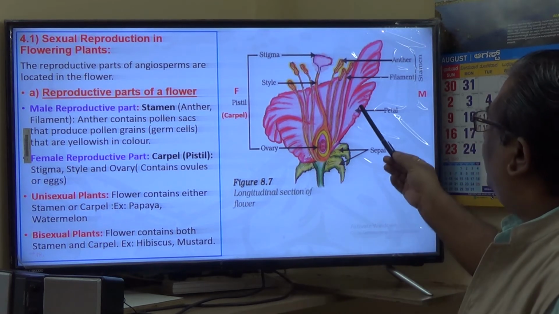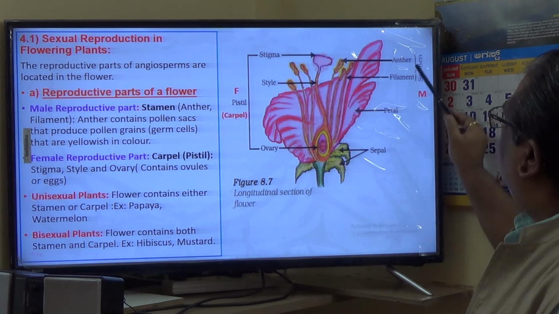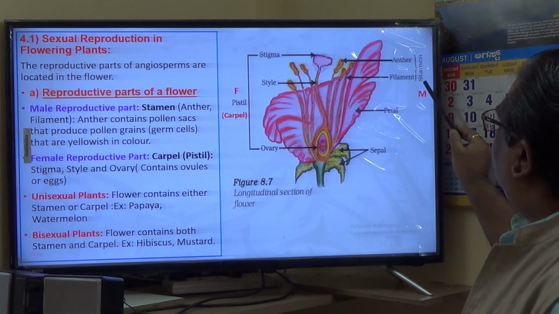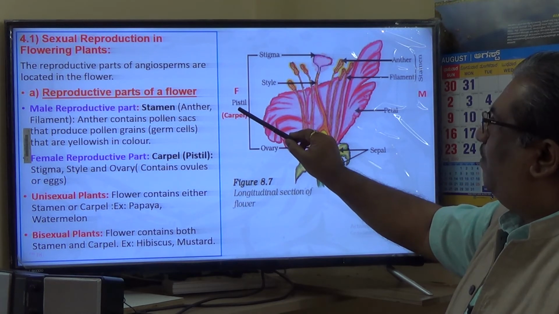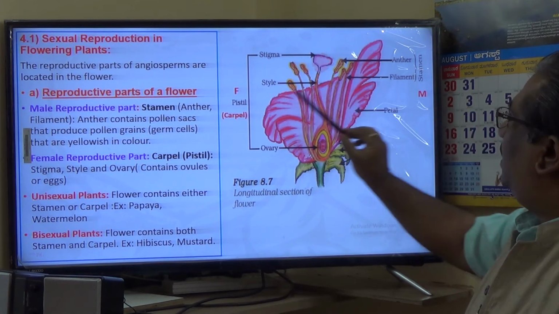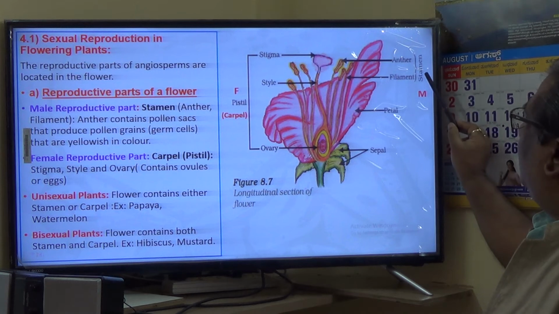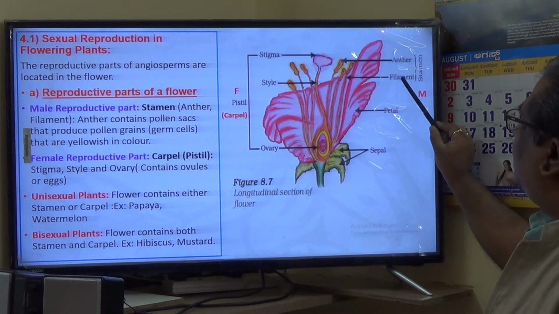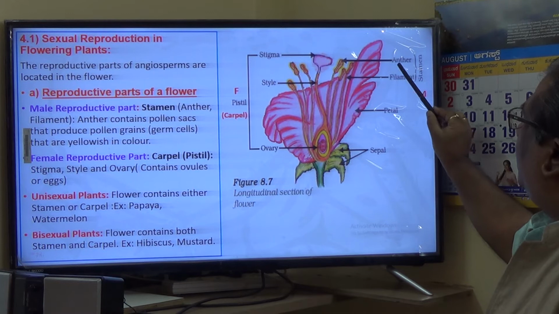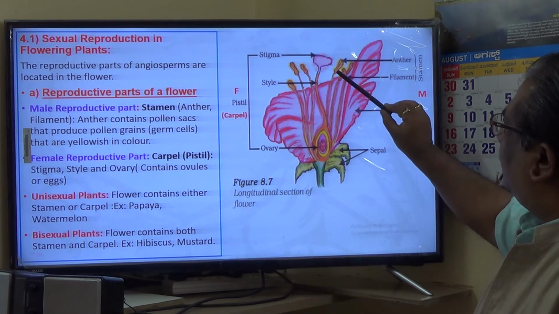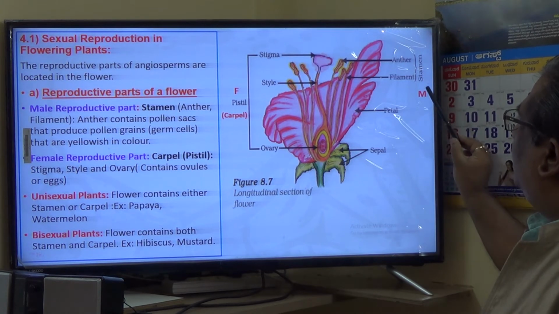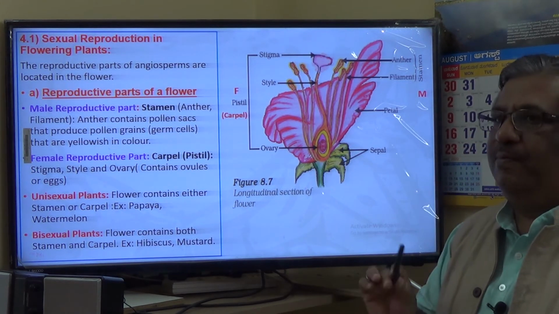Then this is the most important part. This is called stamen, and this is called pistil. Stamen consists of two parts, filament and anther. This is the filament and this is the anther, and stamen is the male reproductive part of the flower.